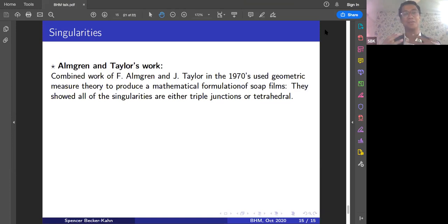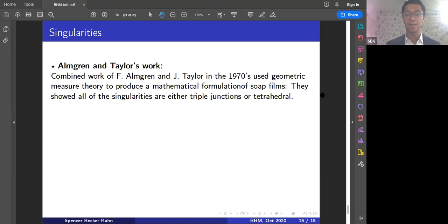So you use geometric measure theory to produce a formalization of soap films in the mathematical theory. Then they use geometric measure theory to prove the only singularities you see are the ones I've just mentioned, triple junctions and tetrahedral types.